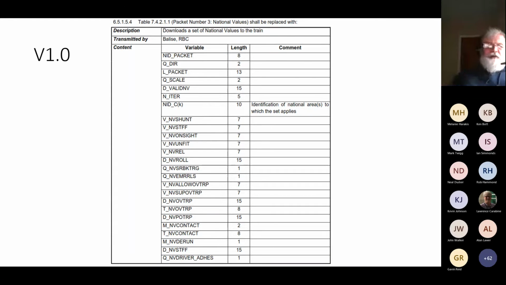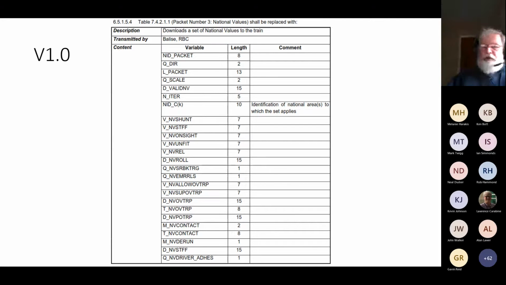So what chapter 6 says is that if our baseline 3 onboard knows that it is talking to a baseline 2 or system version 1.0 trackside, it will need to expect a packet 3 which has this shorter list of variables within it. And it will use those in the same way as if it had received them from a version 2 baseline 3 trackside.